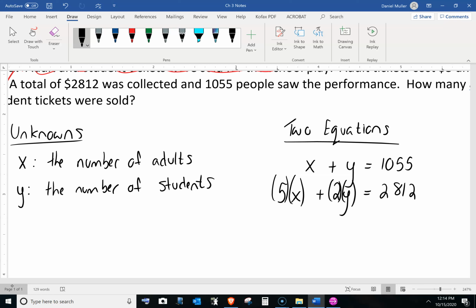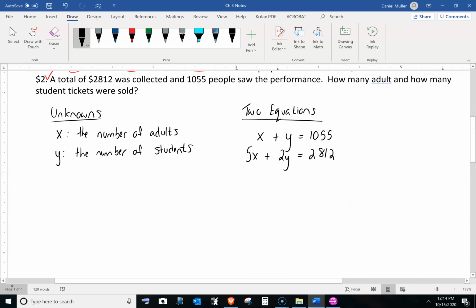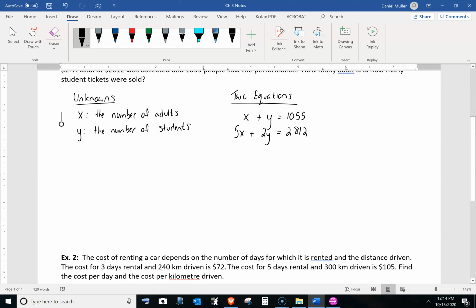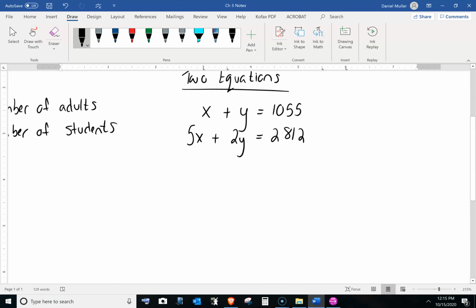So again, we don't know how many adults there were. That's unknown. But we know that if you times it by 5, that's how much money you'd make off the adults. And we don't know how many students there were, but we know that if you times it by 2, that's how much money you'd make off the students. And if you added all of the student money and all of the adult money, you'd get a total of 2,812. So we've got 5x plus 2y equals 2,812.